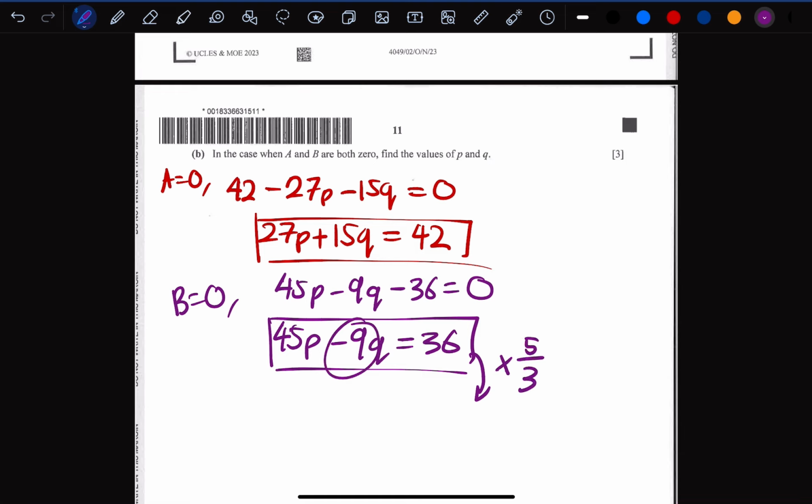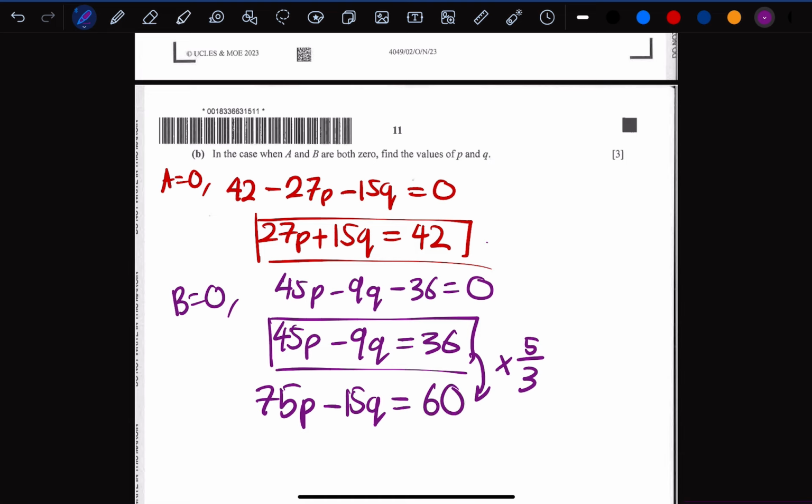I divide by 3 and then I multiply by 5. I get my 15. So my whole equation will do that. 45 times 5 over 3, I get 75p minus, in this case, I already get my 15q. And 36 times 5 over 3, I get 60.